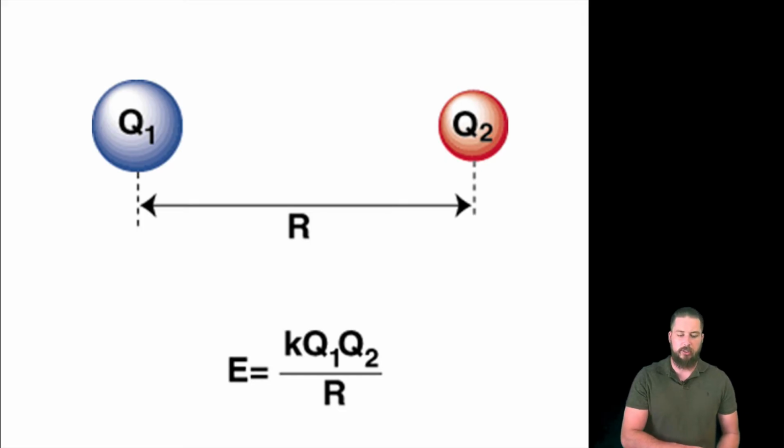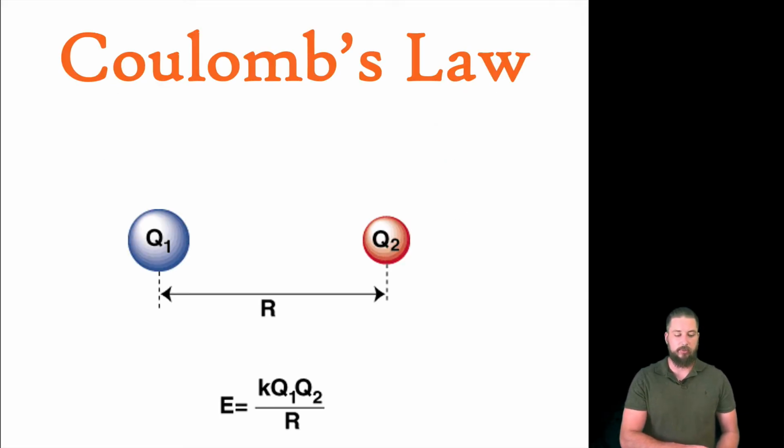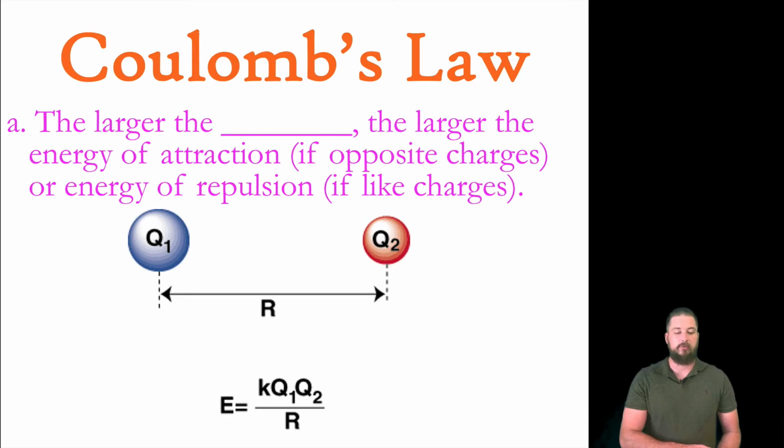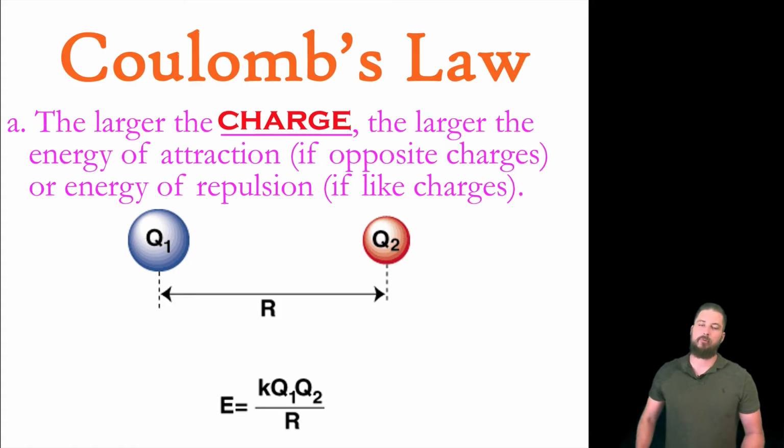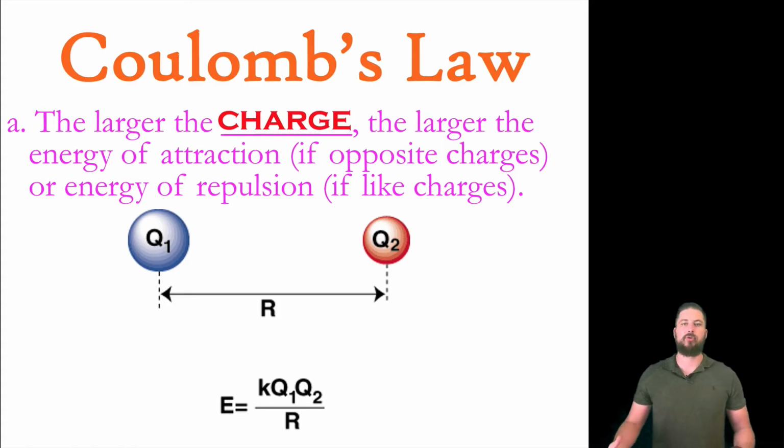And so let's go ahead and look at this example here. If you think about having a large charge, I want you to think about having a large magnet versus a small magnet. If we have two large magnets, the force of attraction between those two large magnets is going to be greater than the force of attraction between two smaller magnets. Now, think about this when it comes to charge.